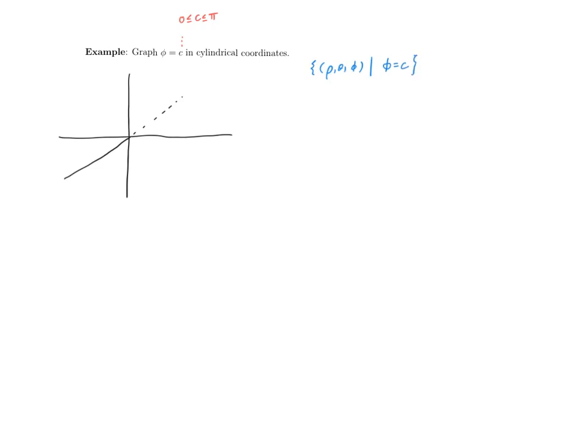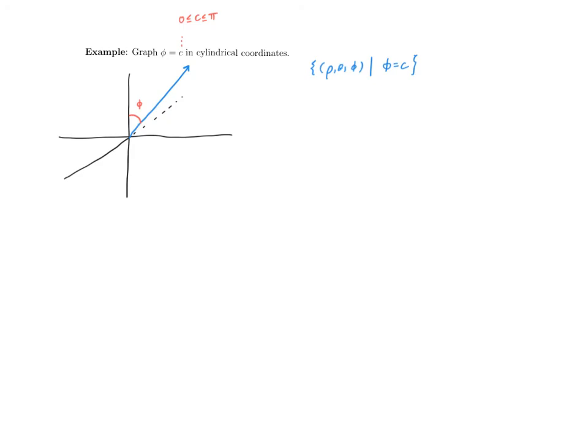And in order to help visualize this, let me just remind you what phi is measuring. Remember, phi is measuring an angle coming down from the positive z-axis. And if we know phi is always equal to c, but rho and theta can be anything, that means we could take this line segment and in a sense extend it indefinitely because rho can be anything, and then also rotate it around the z-axis because theta can be anything.